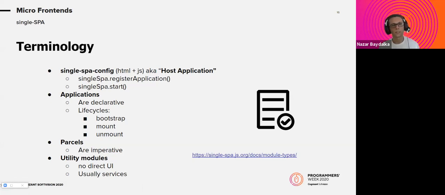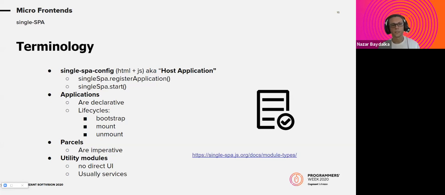Applications are like a wrapper around your micro frontend that makes it easy to integrate into single-spa. And that wrapper provides the following lifecycle functions: bootstrap, mount, and unmount. You just saw this in the video.